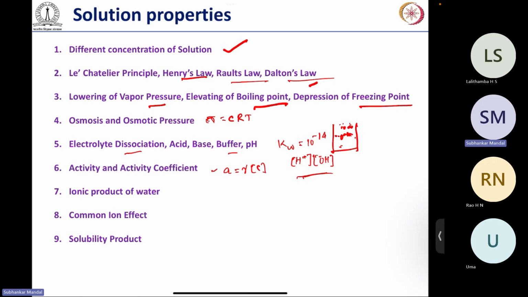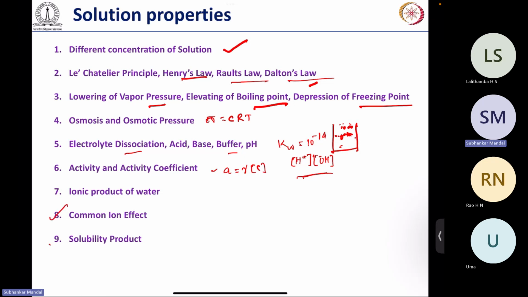And along with that we discussed the common ion effect. If you have a common ion, like sodium acetate and acetic acid, and you add sodium acetate, the equilibrium shifts to the left side. That also we have discussed.